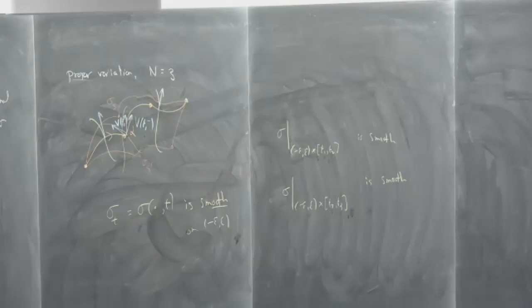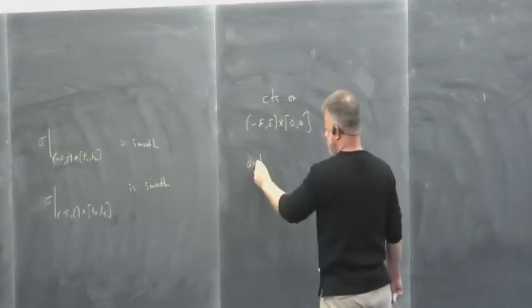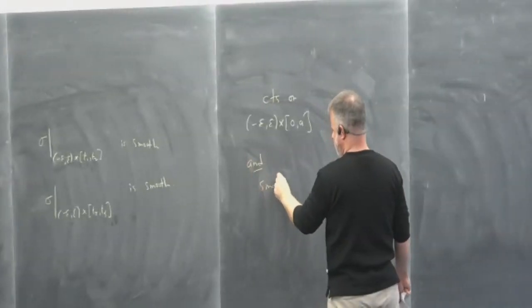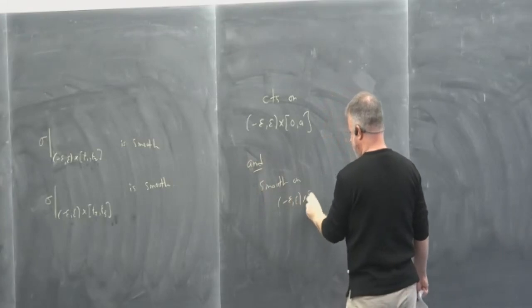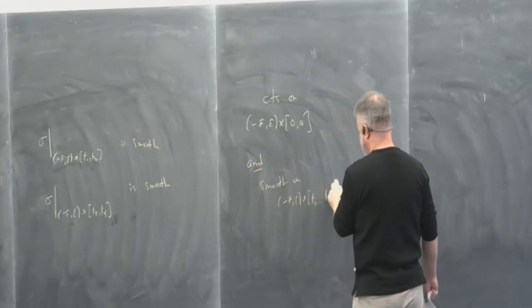No. The definition of a variation was that it was continuous on this, and smooth on (−epsilon, epsilon) times [t_{k−1}, t_k] for all k. Okay, that's fine. Sorry, I didn't pick that up. That's okay.